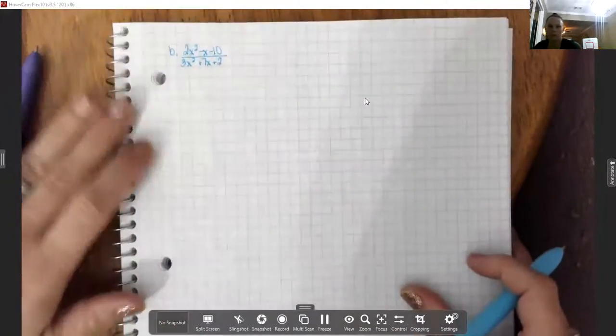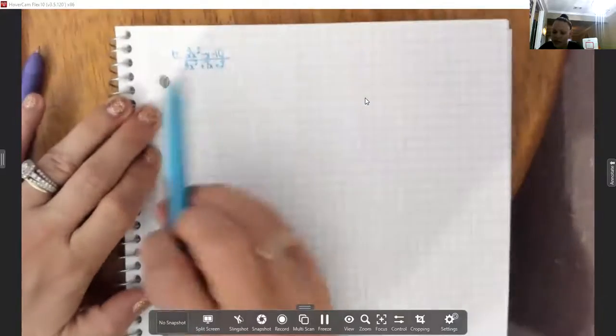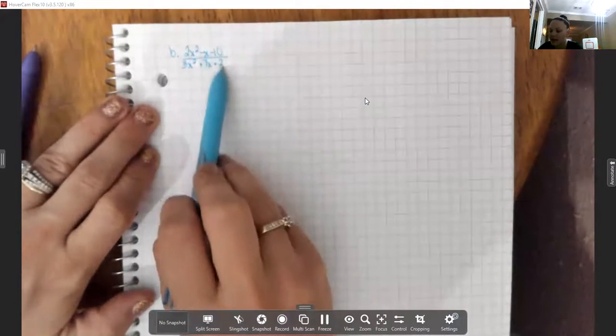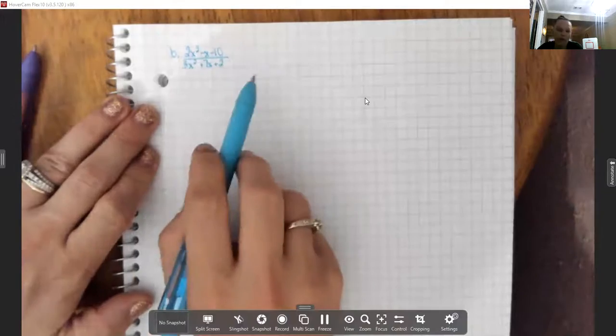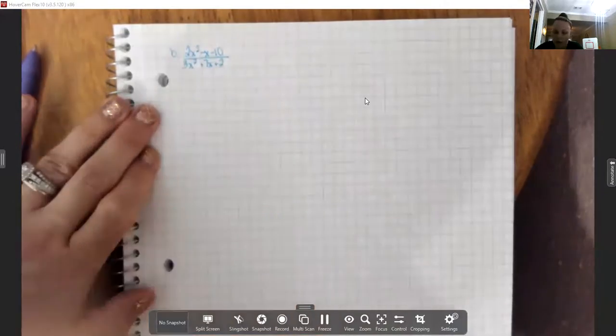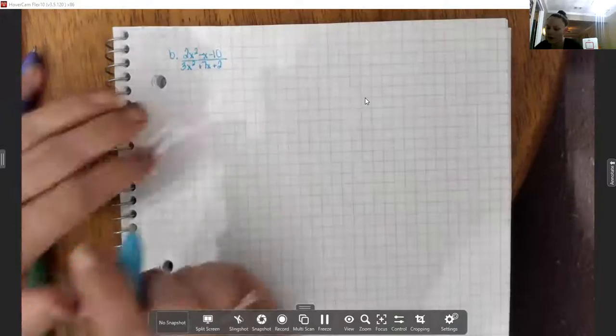So, same thing. We cannot cross out any x squareds, any x's. This 10 and 2 can't be simplified to 5, nothing like that. We have to rewrite this in factored form. So, I'm going to go ahead and start factoring here.